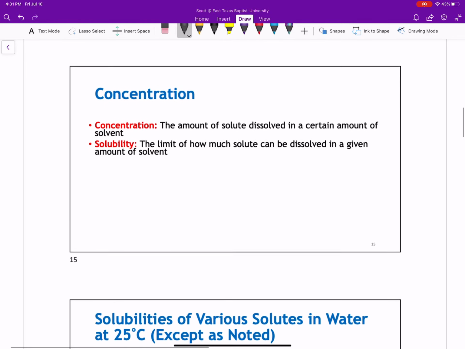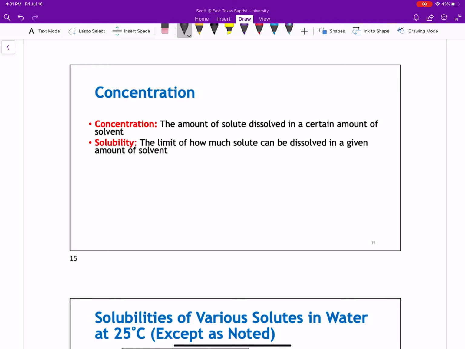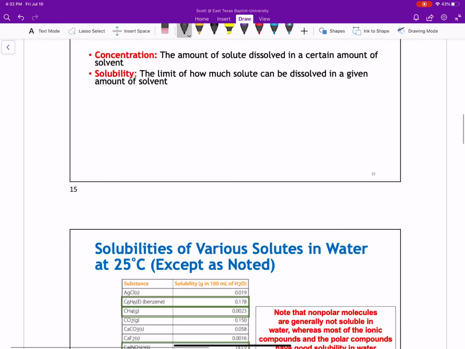Concentration is defined as the amount of solute dissolved in a certain amount of solvent. So a solution is a solute dissolved into a solvent, but the concentration is the measure of how much solute is dissolved in a given amount of solvent. And solubility is the limit of how much solute can be dissolved in a given amount of solvent.